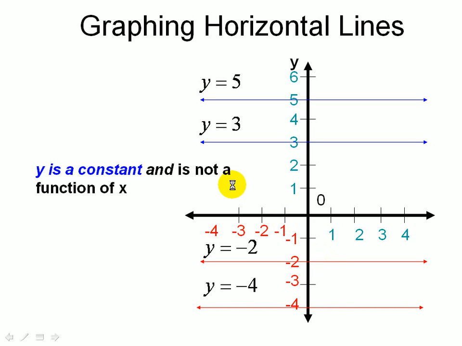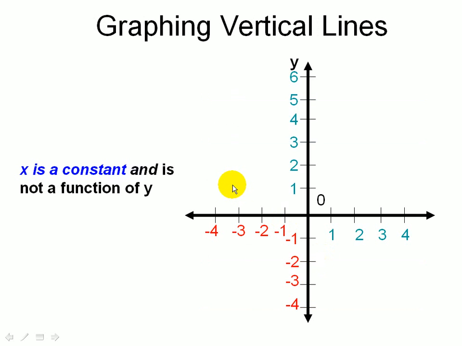Now we can do a similar thing when we do vertical lines, but this time x is a constant and is not a function of y. So no matter what the value of y is, 1, 2, 3, 4, or negative 1, negative 2, negative 3, or negative 4, the value of x is always a constant. For example, if x equals 3, we have a vertical line.